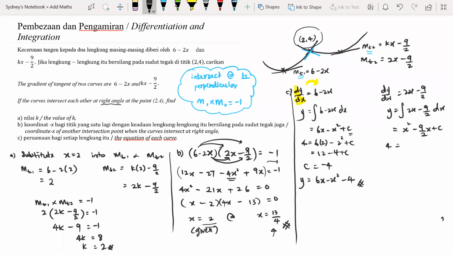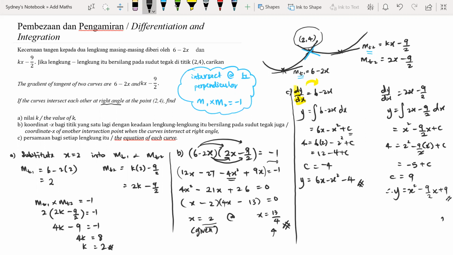So we will have 2 squared minus 9 over 2 times 2 plus c. Over here, we will have -5 plus c. Therefore, c equals 9. So the equation for the second curve will be y equals x squared minus 9 over 2 x plus 9.